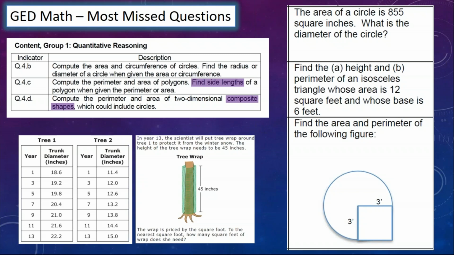And I pulled an example directly from that sample test. In this question, this is a wrap that's around a tree that is essentially the shape of a rectangle. And from that, you need to be able to interpret that that's a rectangle and answer questions based upon the square footage of this wrap.